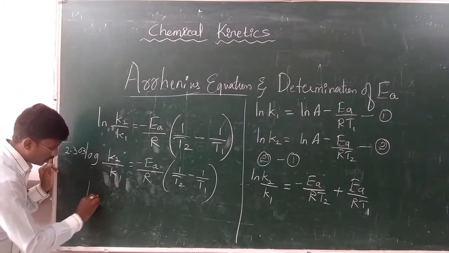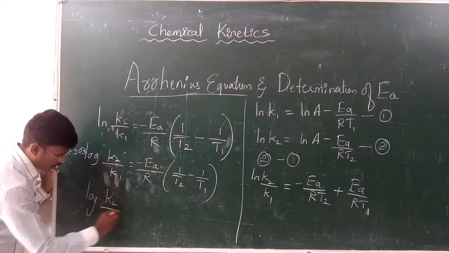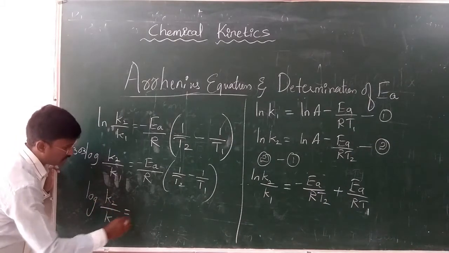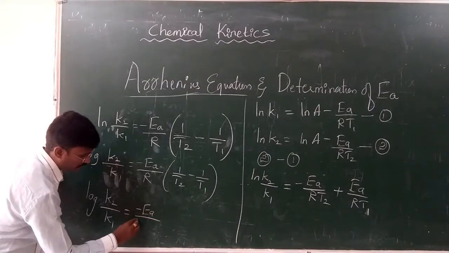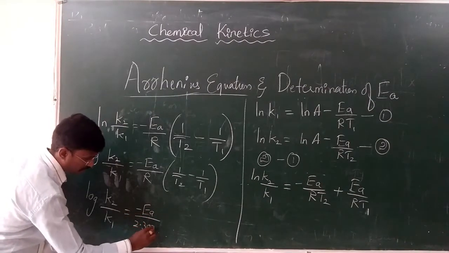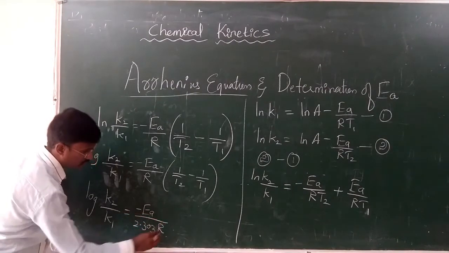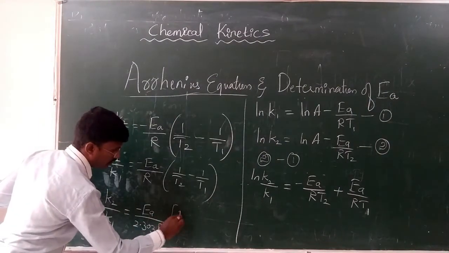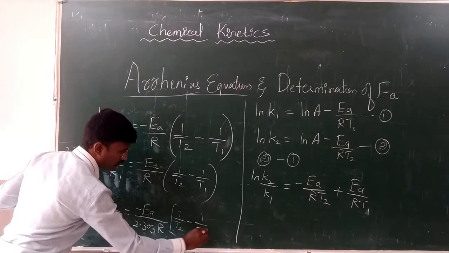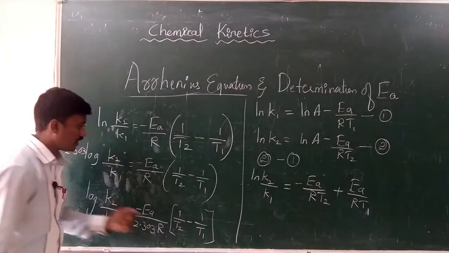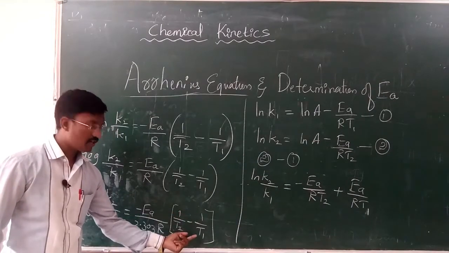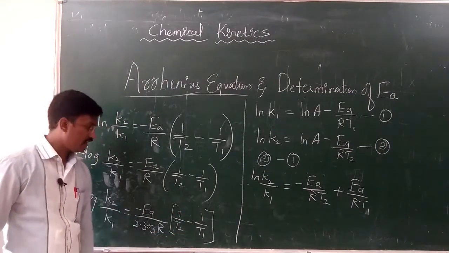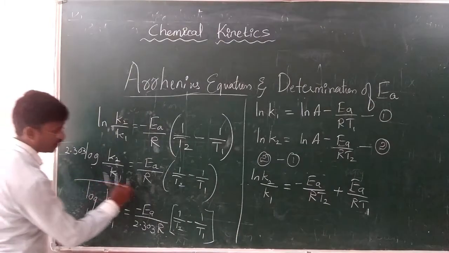Therefore, log K2 upon K1 is equal to minus EA divided by 2.303 R into bracket 1 upon T2 minus 1 upon T1. We may write this by taking LCM, T1 minus T2 divided by T1 T2. We can write the expression in that way also.